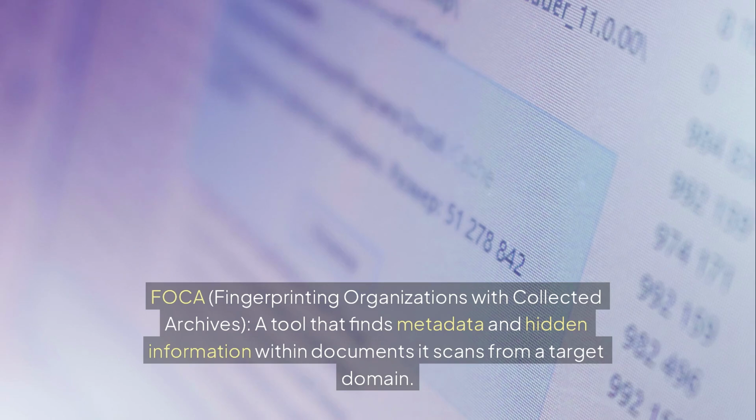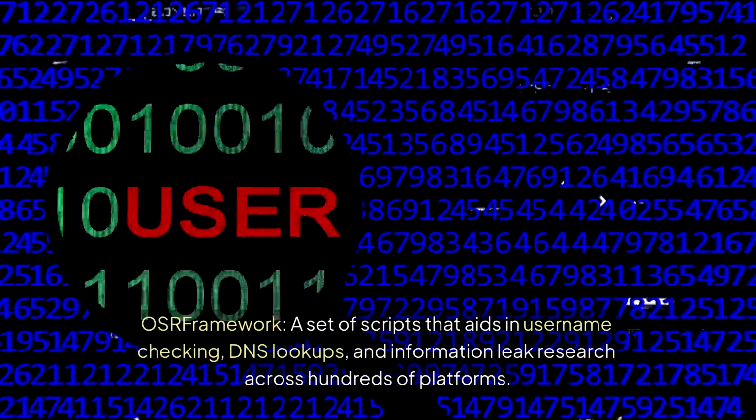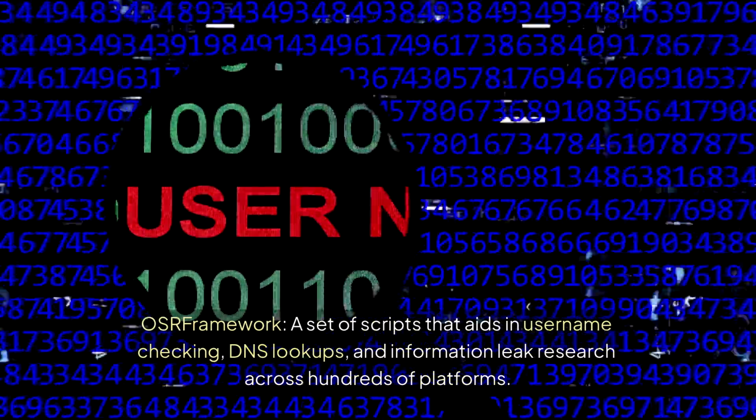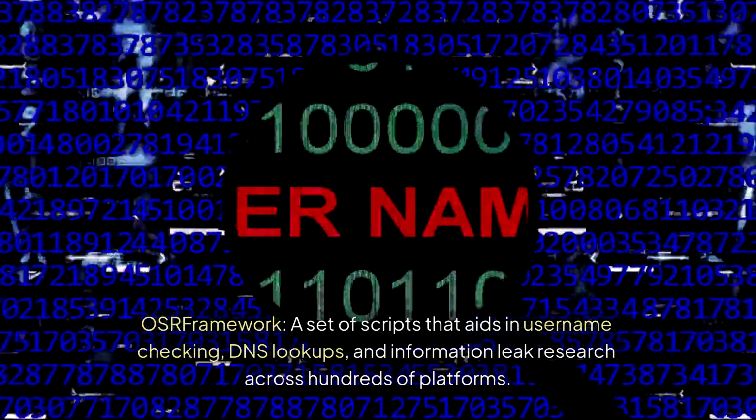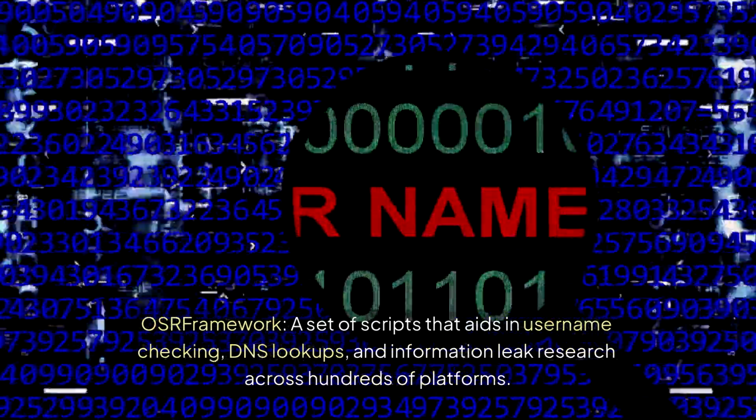FOCA, fingerprinting organizations with collected archives, a tool that finds metadata and hidden information within documents it scans from a target domain. OSRFramework, a set of scripts that aids in username checking, DNS lookups, and information leak research across hundreds of platforms.